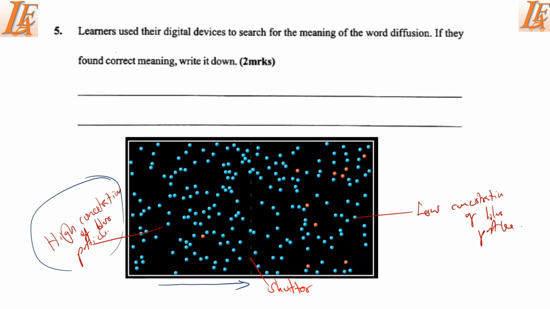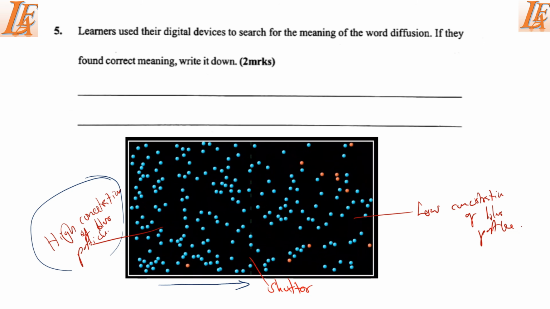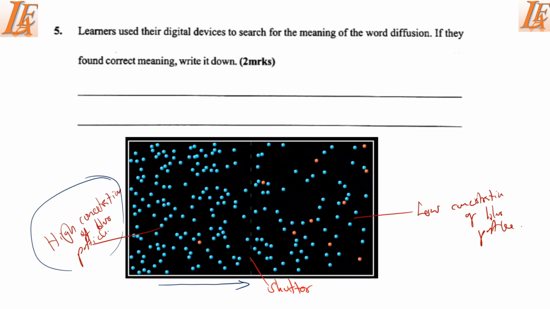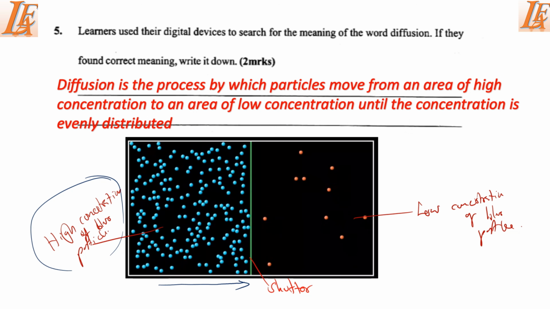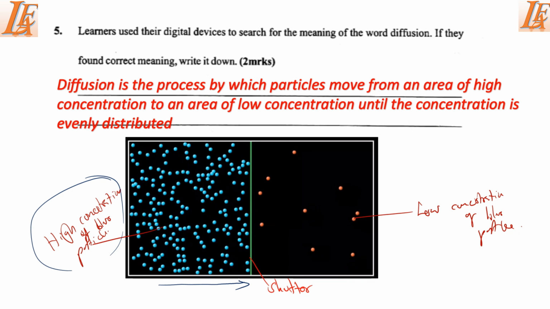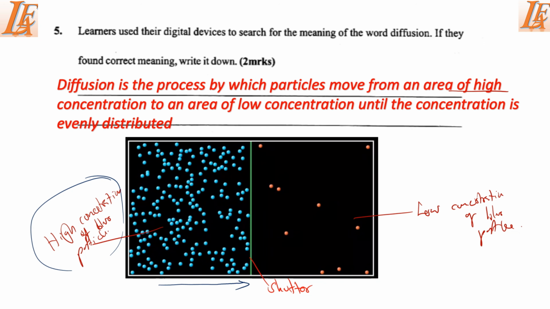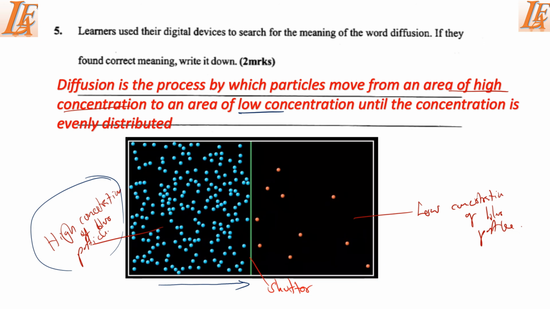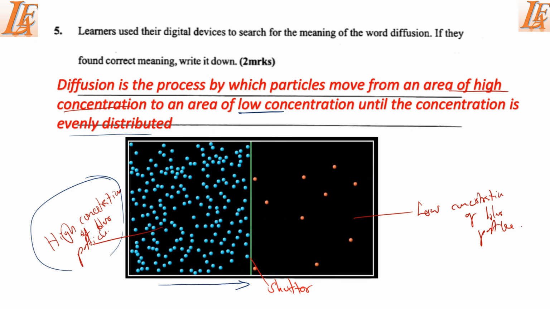They will move until the distribution is uniform. Like in this case now, the particles are uniformly distributed. This gives us the meaning of the word diffusion. We define diffusion as the movement of particles from a region or an area of high concentration to an area of low concentration until the concentration is evenly distributed.